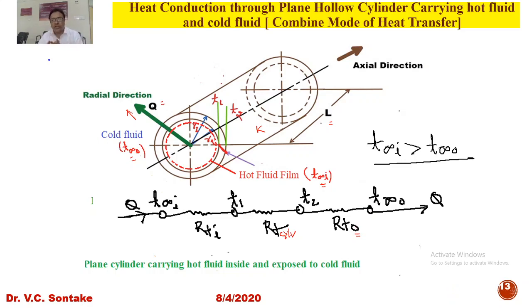So what is the point of discussion? When a plain cylinder is carrying hot and cold fluid, hot fluid will offer thermal resistance by convection, cylindrical surface will offer thermal resistance by conduction, and once again cold fluid will offer thermal resistance by convection. So let us analyze one-dimensional heat conduction under such condition.